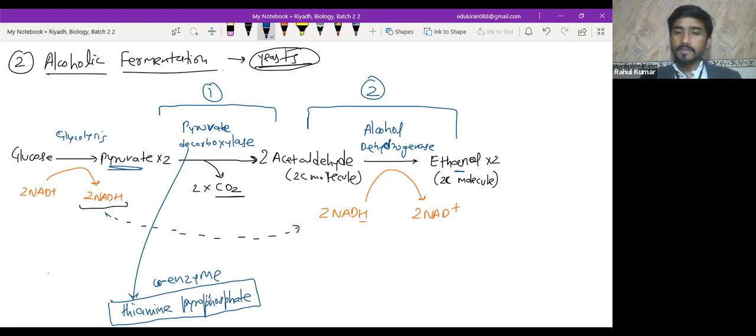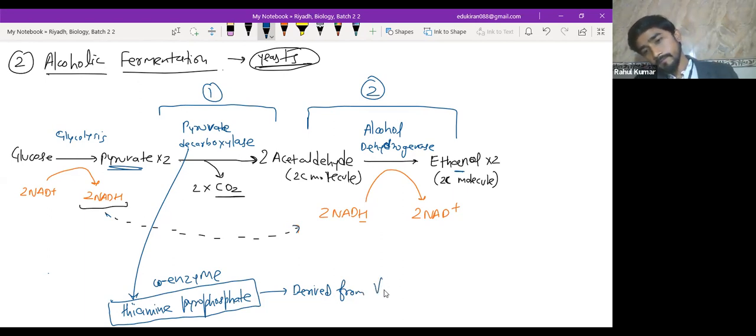And the good thing about this, why this is asked, is because this thiamine pyrophosphate is derived from vitamin B1. Derived from vitamin B1. Remember vitamin B? What is it required for? Vitamin B complex.